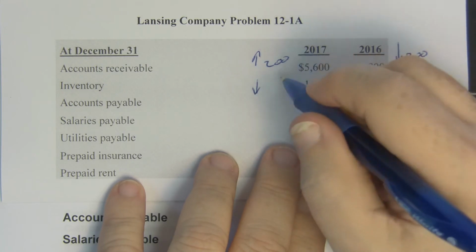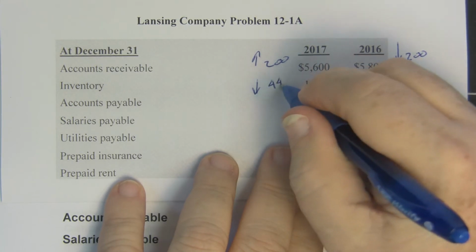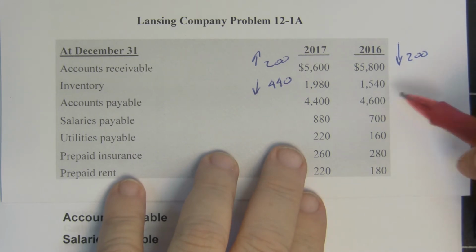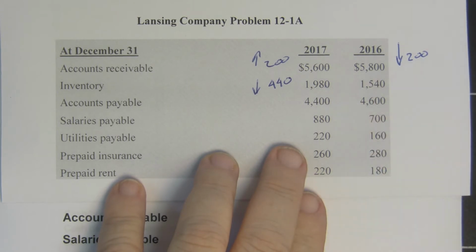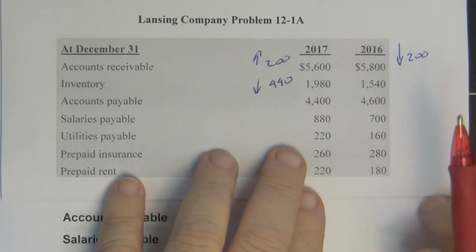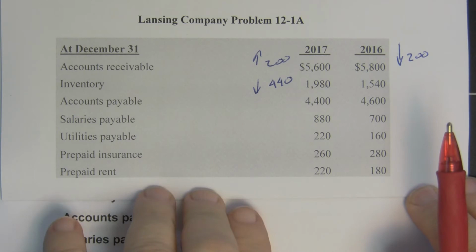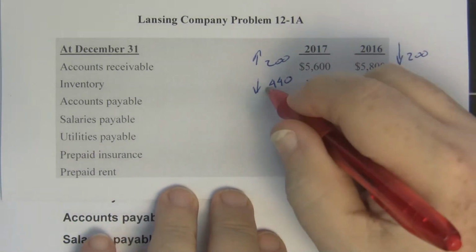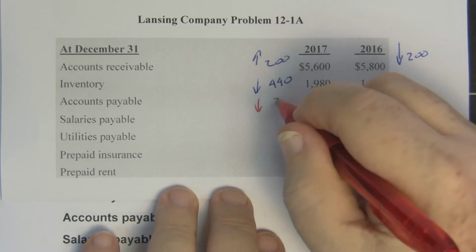So that means cash had to go down $440. Accounts payable. We owed last year $4,600. This year we owe $4,400. Well, again, using common sense, what makes bills go away? You pay them, and when you pay them, your cash goes down.